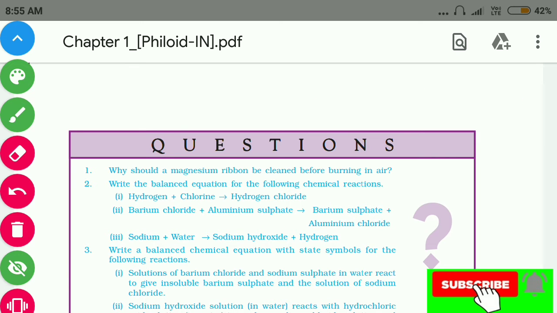Then barium chloride and aluminum sulfate, this is a displacement reaction.